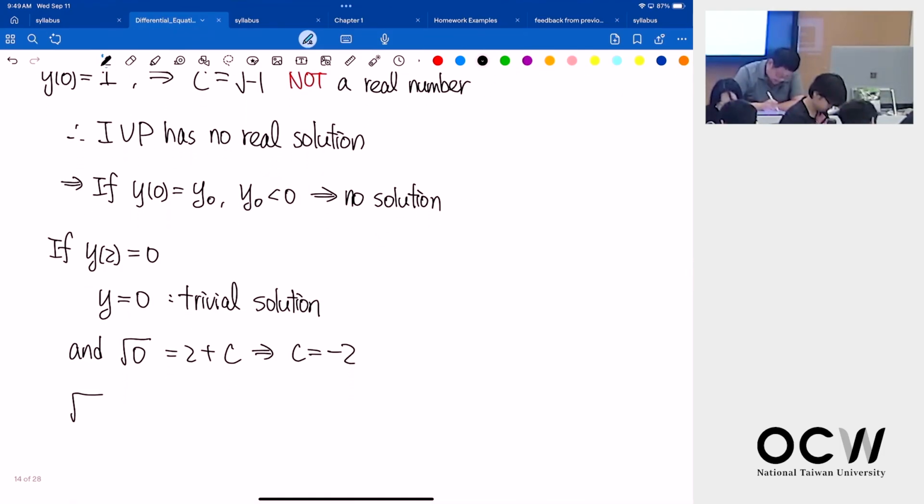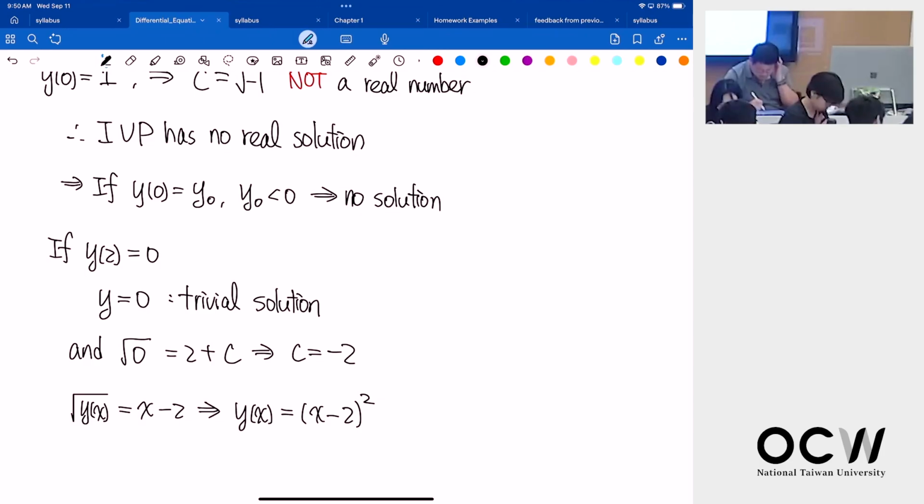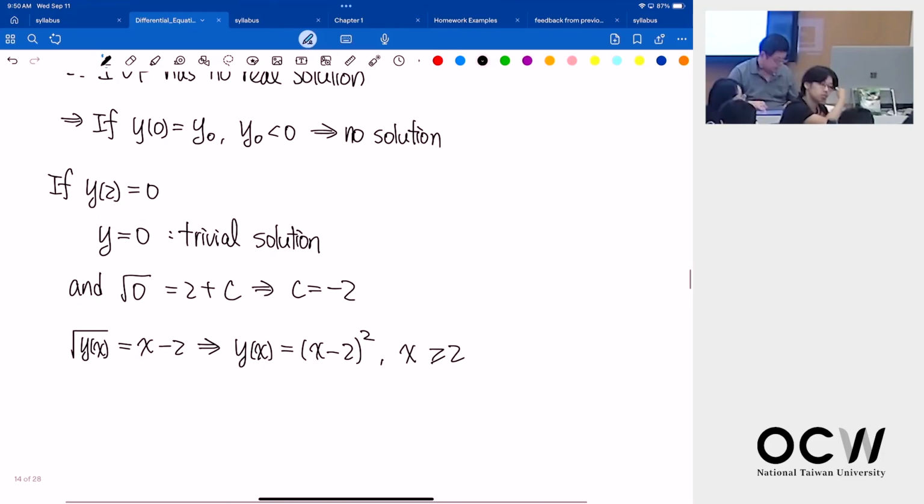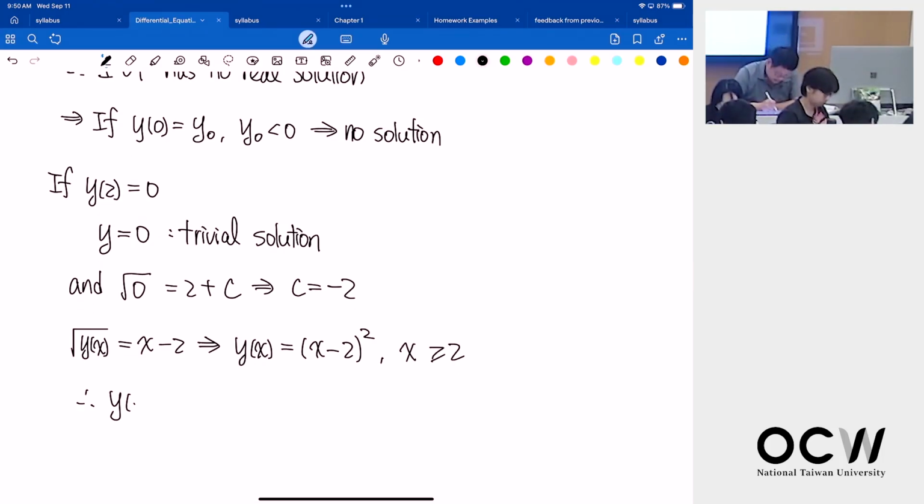That means your solution, square root of y equals x minus 2. Then your y actually is (x minus 2) squared, and your x should be greater than or equal to 2. Which means for this initial condition, I have at least 2 solutions.